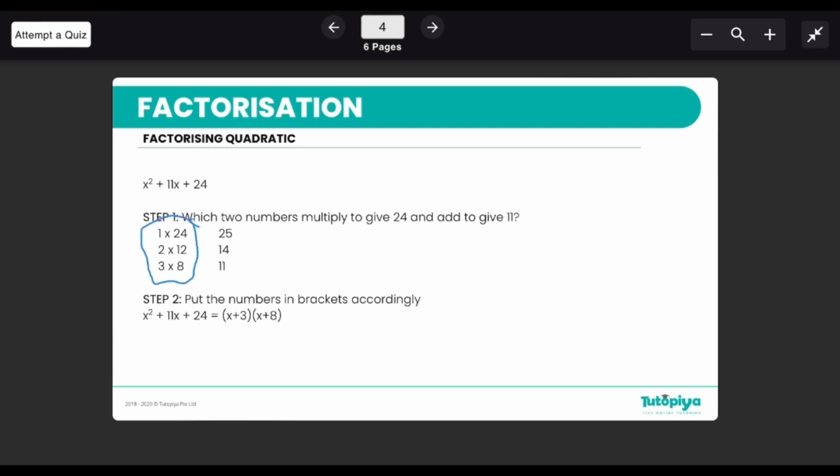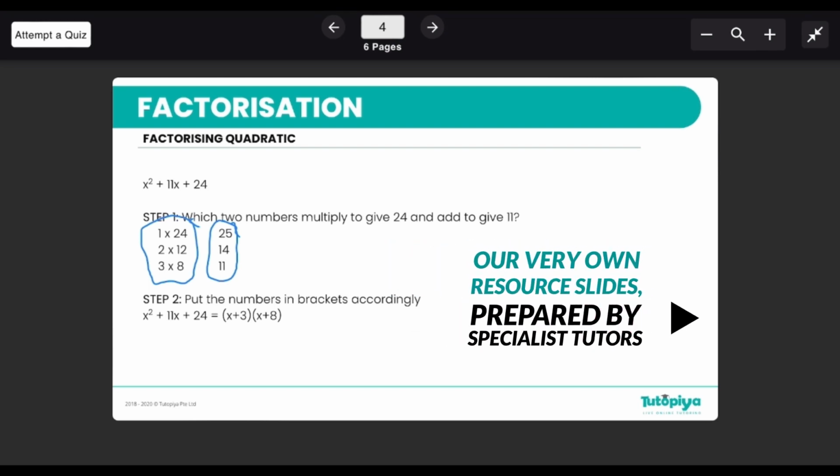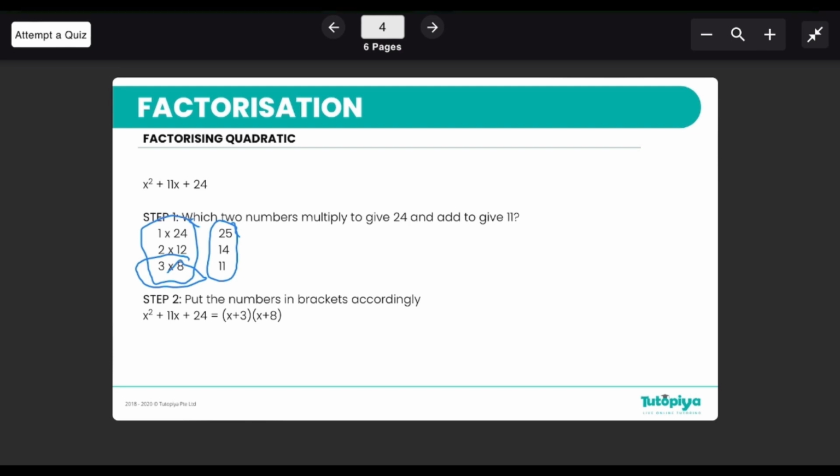So you can see here what we've done in step number 1 is listed down all the factors of 24. So 1 times 24, 2 times 12, 3 times 8. And then we're seeing which factors add up to 11. So you can see that only 8 and 3 add up to 11. So therefore, those are the necessary numbers for our factorization.